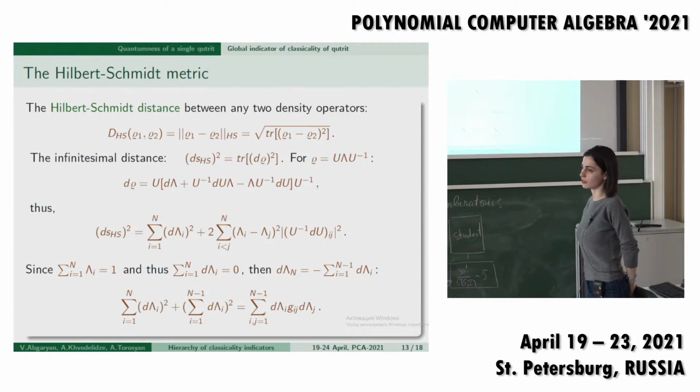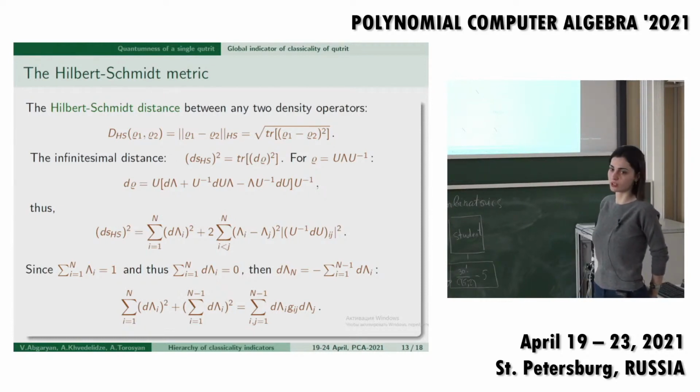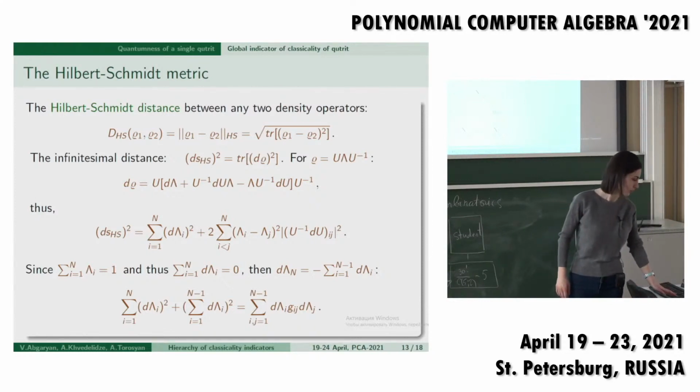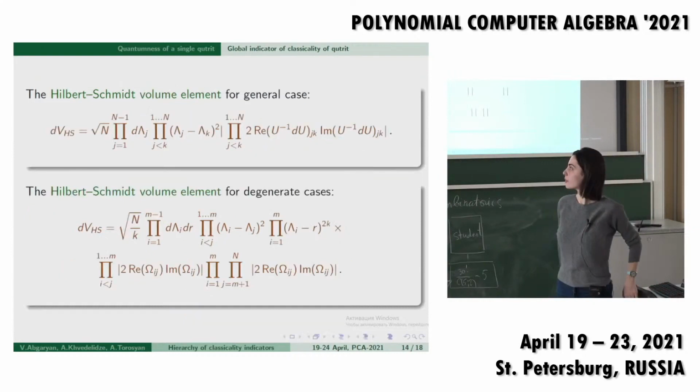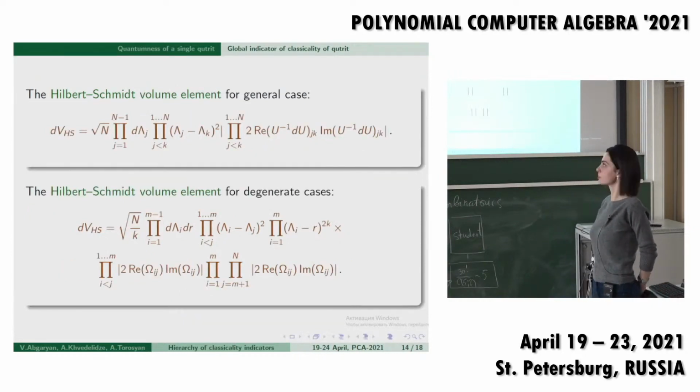And since we have normalized eigenvalues of the density matrix, we could consider one of the eigenvalues as a dependent one, and so get the explicit expression for the Hilbert-Schmidt volume element for the general case and also for degenerate cases. So the first formula is a known one, and the second is new.